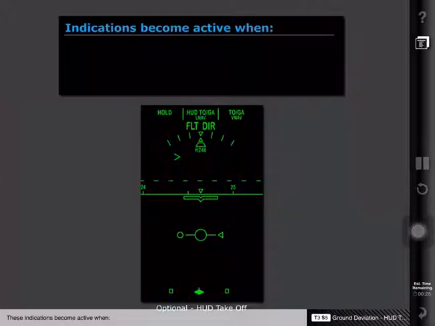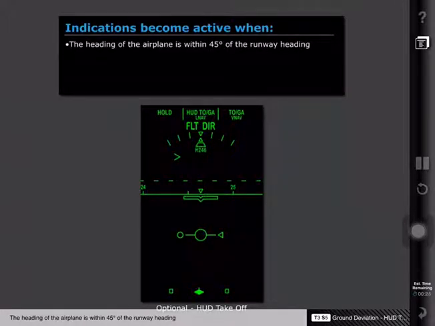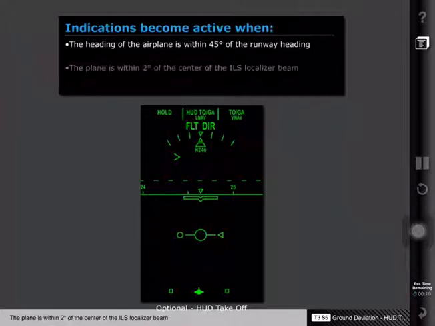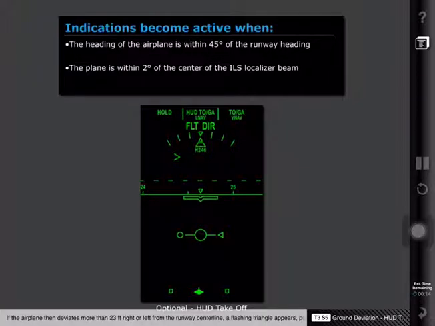These indications become active when the heading of the airplane is within 45 degrees of the runway heading, and the plane is within 2 degrees of the center of the ILS localizer beam. If the airplane then deviates more than 23 feet right or left from the runway centerline, a flashing triangle appears, pointing in the direction of the runway centerline.